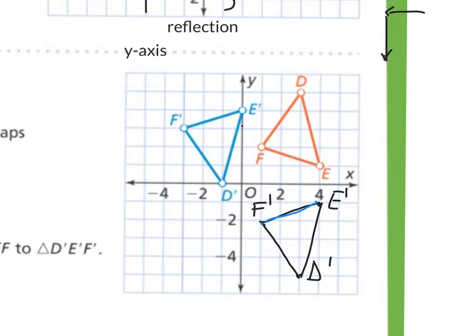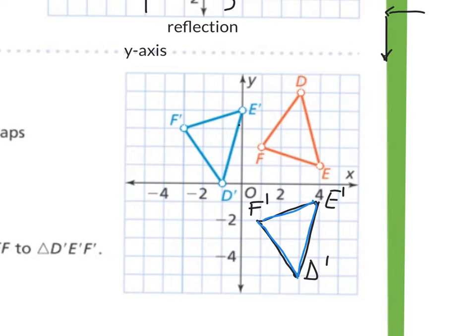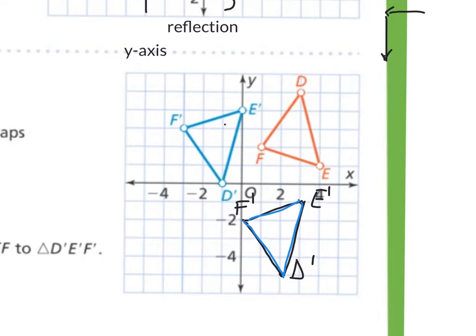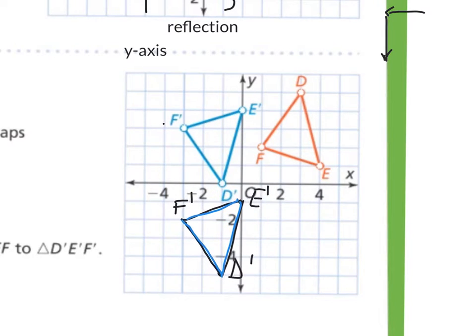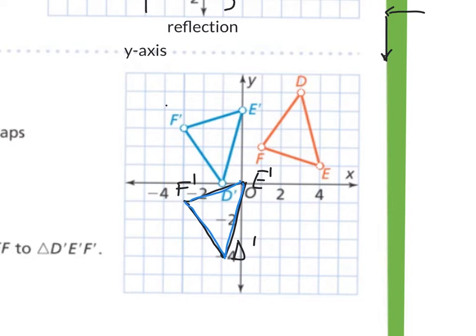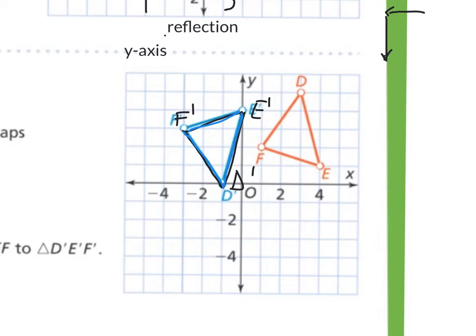is a translation. Good. So we think about our triangle here. And we can translate, we can move this. So we're going to move, looks like 1, 2, 3, 4 to the left. And 5 up is going to get it for us.